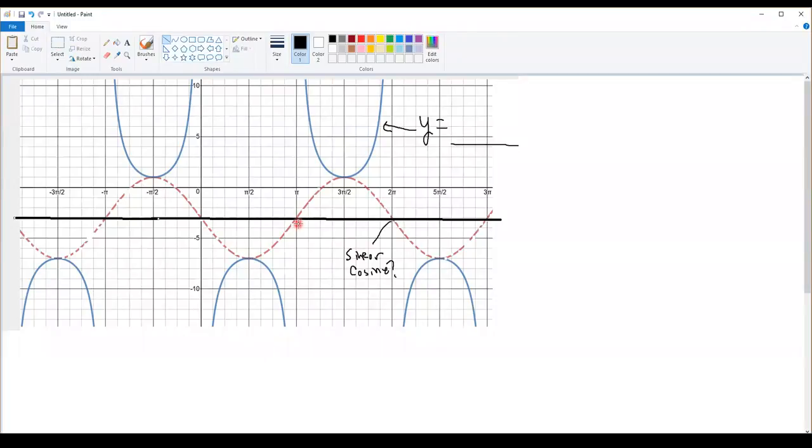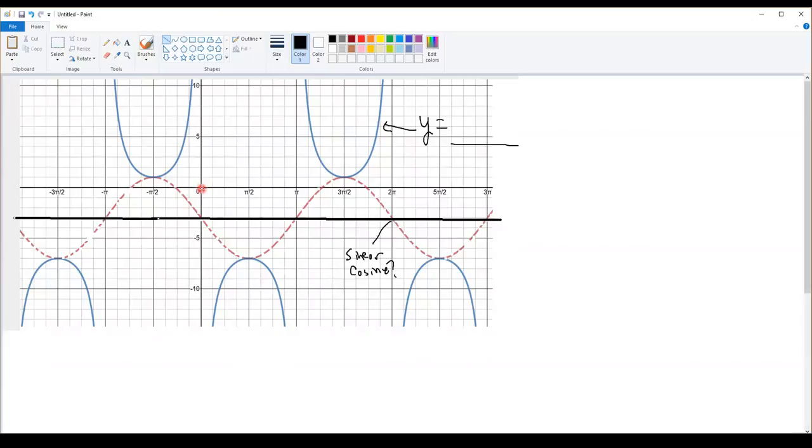Then I'm noticing that this red graph crosses that midline very nicely, right at a nice lattice point. So that's telling me this is a sine graph, because remember, the normal old cosine graph starts up on the y-axis at +1, then drops down to either side, while the sine starts at 0 at the origin, moves up and then down.